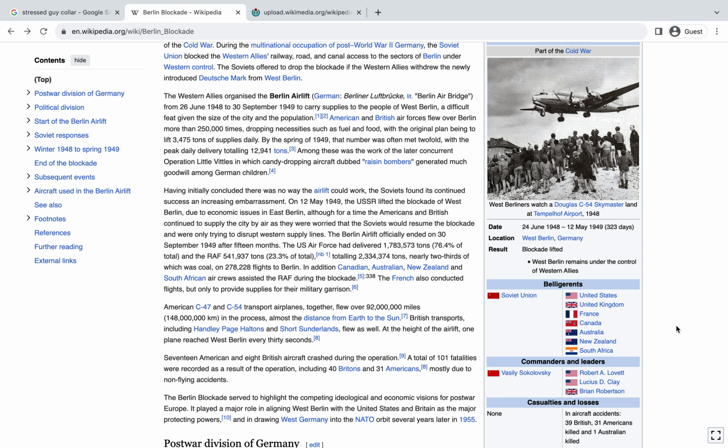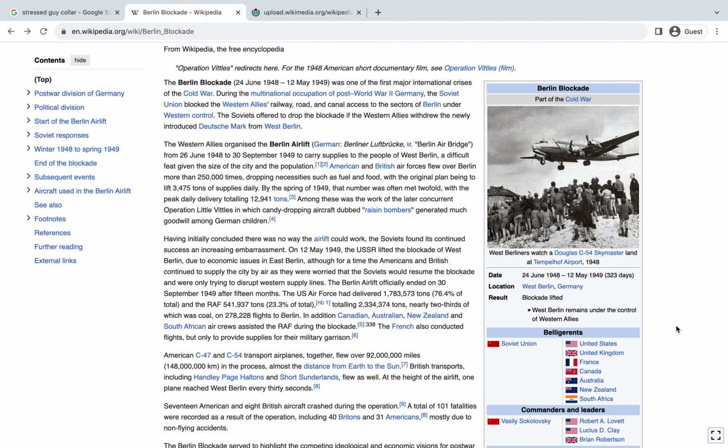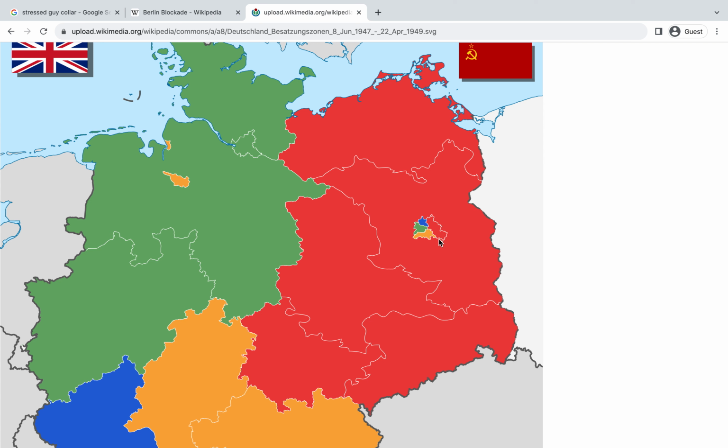And it worked. So Truman was able to avoid total war, and he was still able to keep the United States, France, and the United Kingdom in West Berlin.